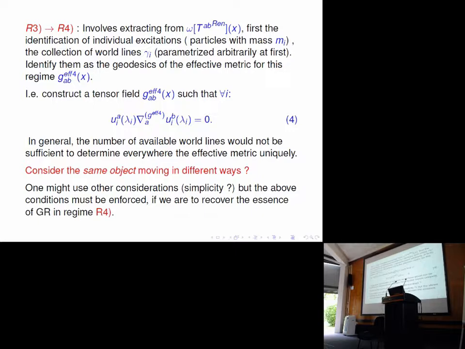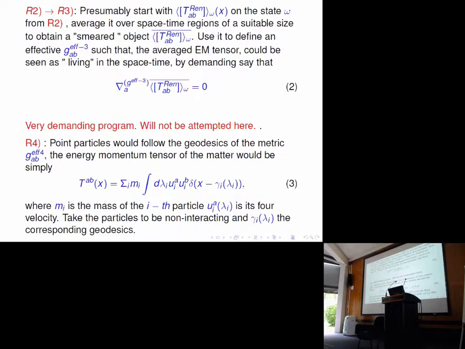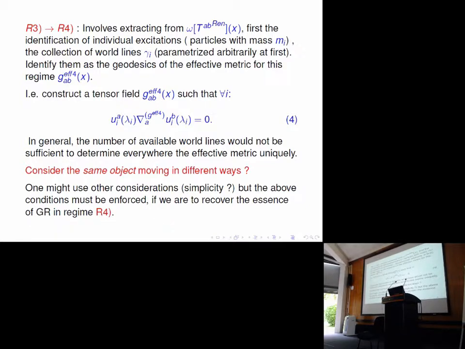So I would like to find the tensor, the effective metric at this level of description, such that the worldlines of these particles are geodesics, presumably by averaging the expectation value of the energy momentum tensor over these regions.